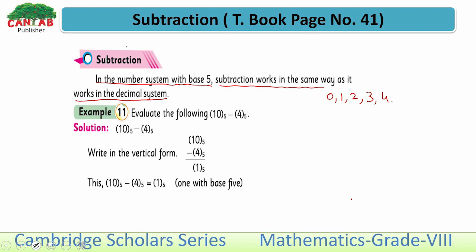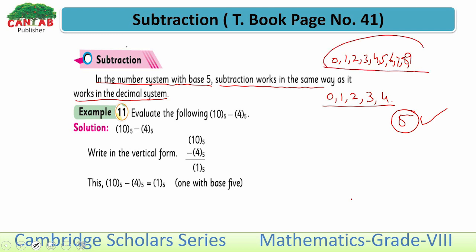We cannot write number 5 in the base 5 number system. In decimal number system, we use numbers from 0 to 9, including 0, 1, 2, 3, 4, 5, 6, 7, 8 and 9. Like that, we use 0 to 4 in base 5.